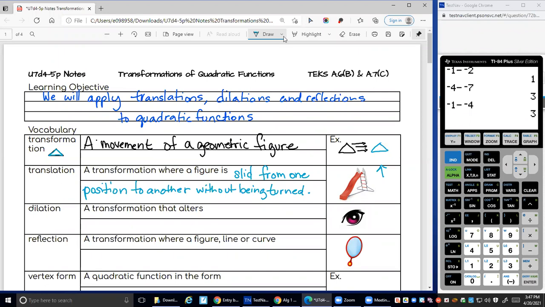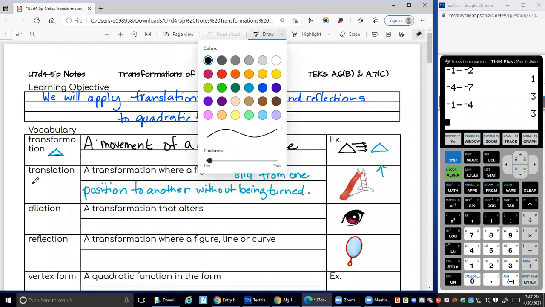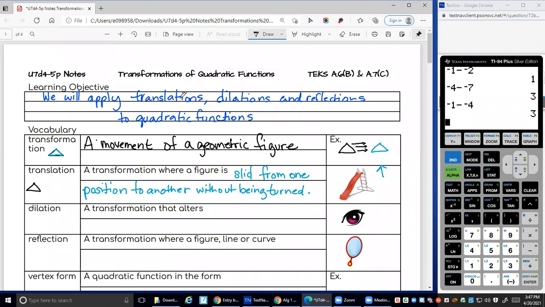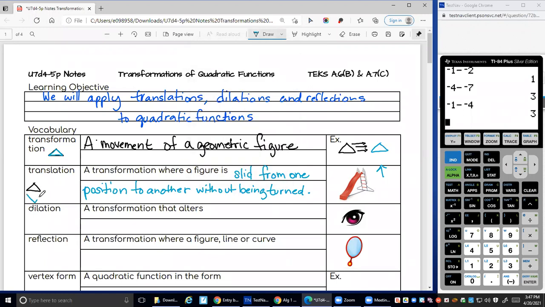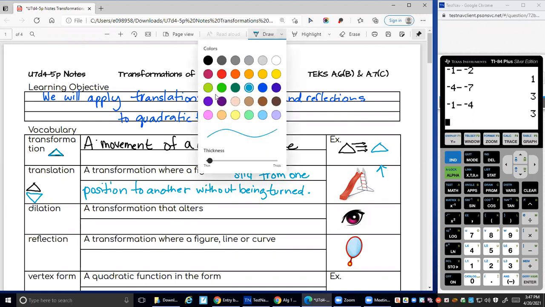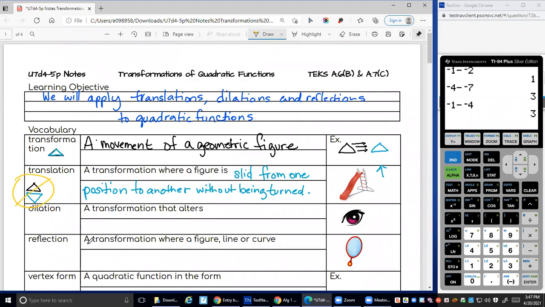My counter example would be something like this, where I start off with perhaps a triangle, right? And then I end up with this. Okay, see how that was kind of turned, right? And that is our counter example. That's not a translation. Okay, today we're going to be talking about two different types of translations.